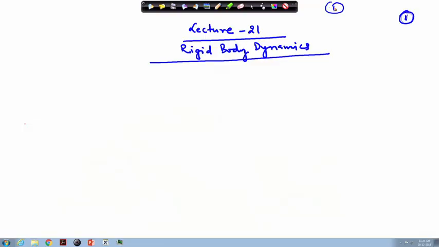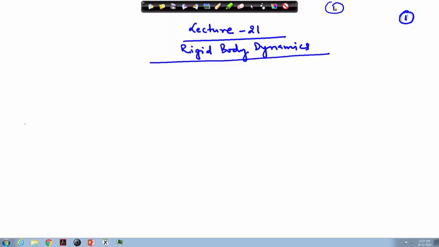So, before we do something about the kinetic energy, let us look into what we have done till now. What we have written is P dot, which is the rate of change of linear momentum.